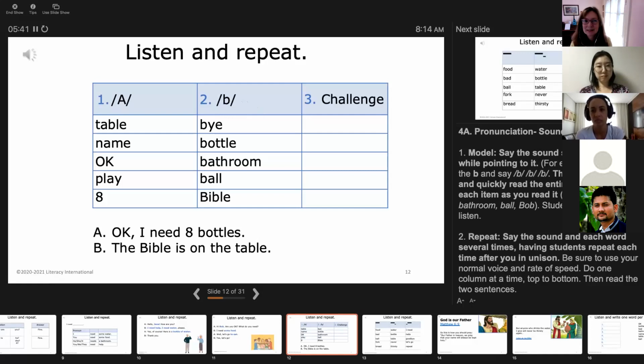So what we want to make sure is when people pronounce this sound, they don't give it an extra syllable, and instead of saying by, they'll say b-I, b-ottle, b-athroom. It should just flow into the vowel. So it's by, bottle, bathroom, ball, Bible.